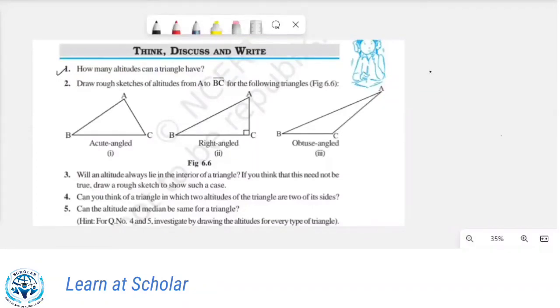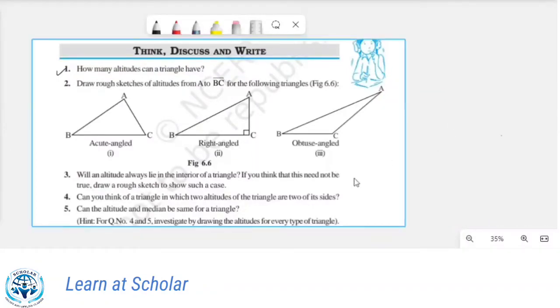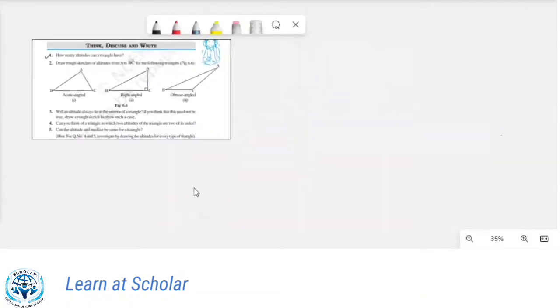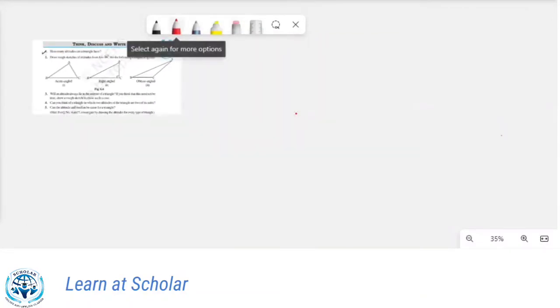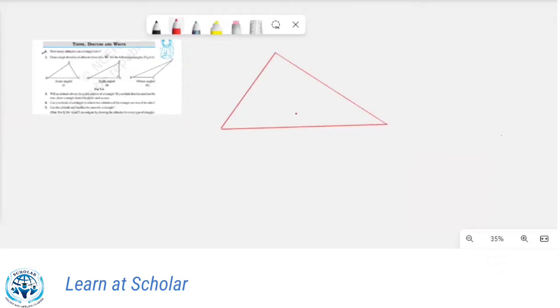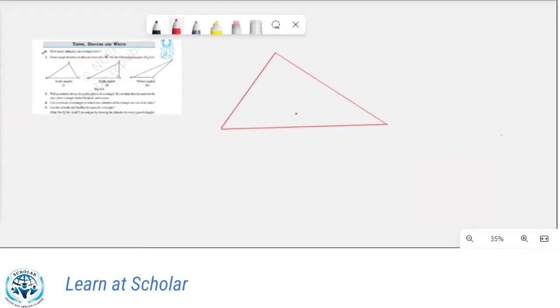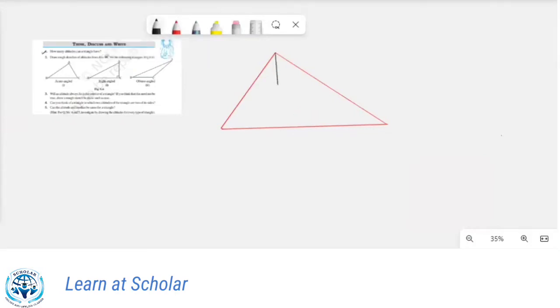The first question is, how many altitudes can a triangle have? Let's find out by drawing the triangle. As I already told you, an altitude connects the vertex to the opposite side and is always perpendicular to the side.